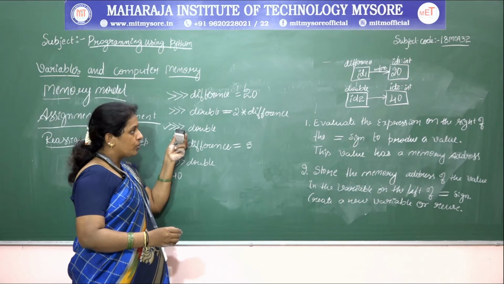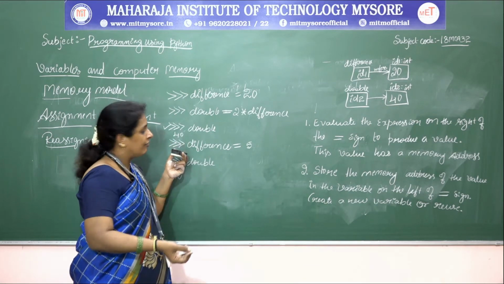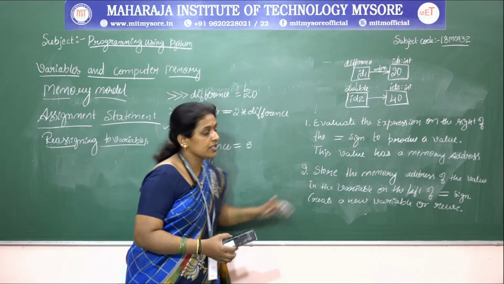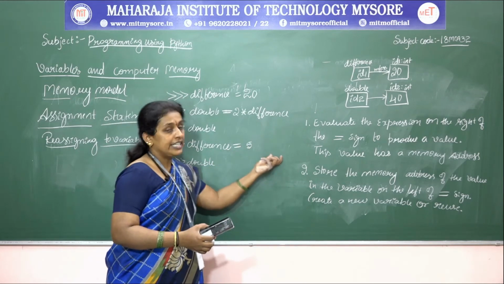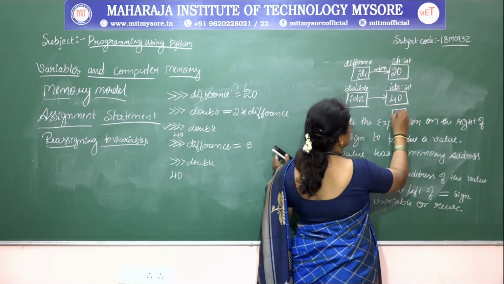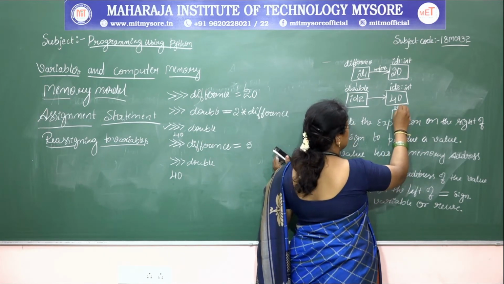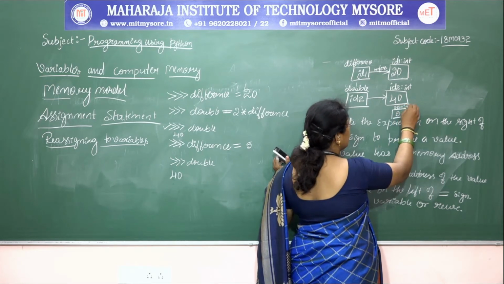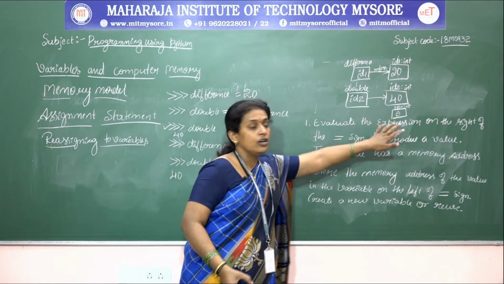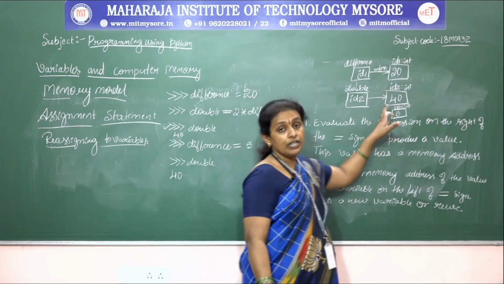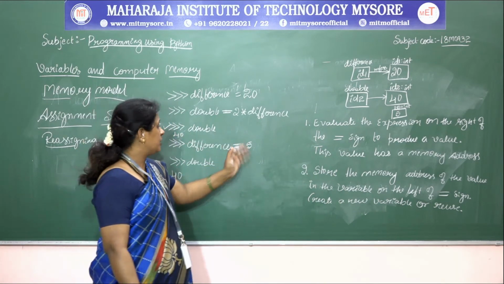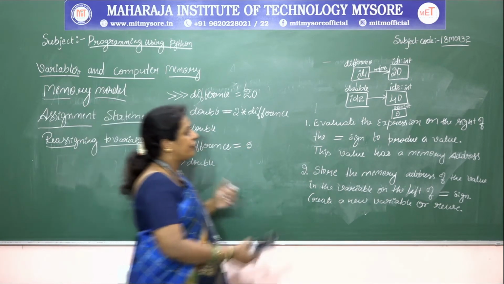After getting the output, I am reassigning a value to the variable called difference. So once again I need to go with these two steps. Based on the equal sign, the right-hand side is evaluated first, so that I will get a value of 5 with memory address ID3, and it is of type integer. Next I need to evaluate the left-hand side of the equal sign, that is difference.